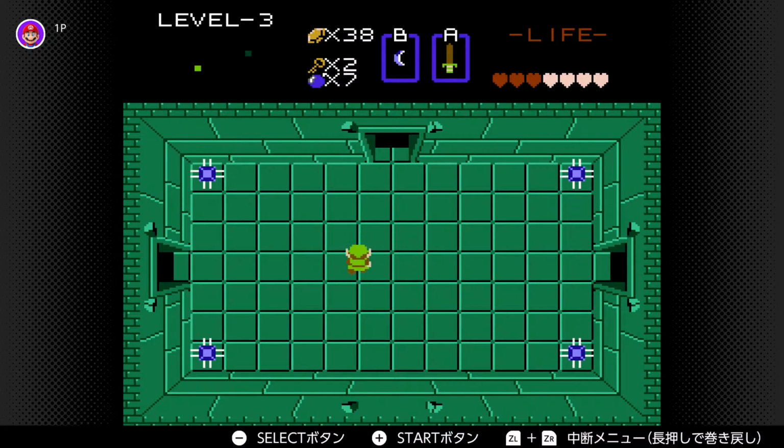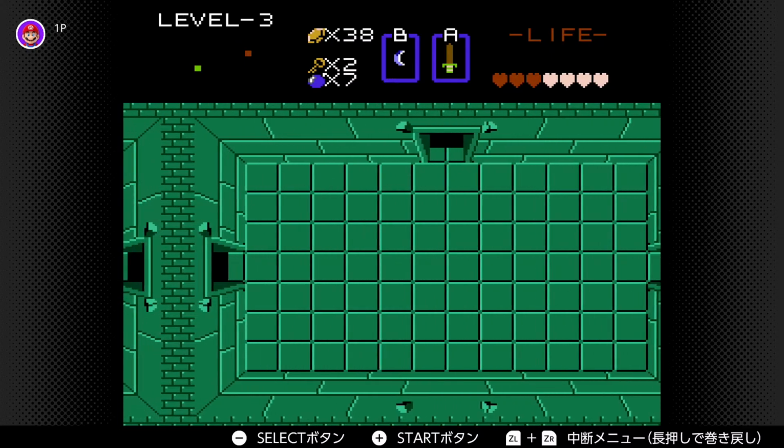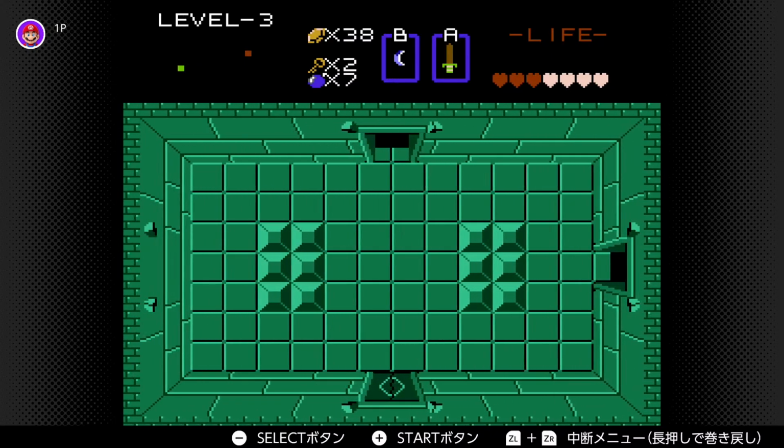Let's avoid the traps. We don't need to take hits by them. Okay, somehow it worked. Well, if we really can't deal with them, we can always use the medicine I bought.